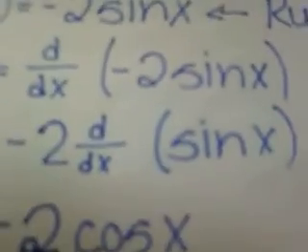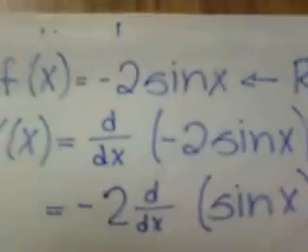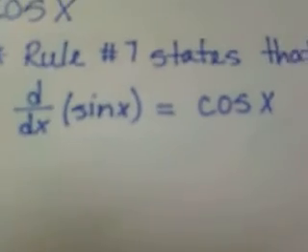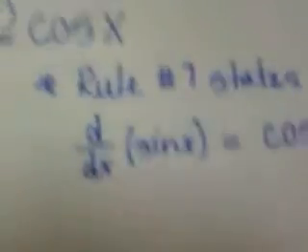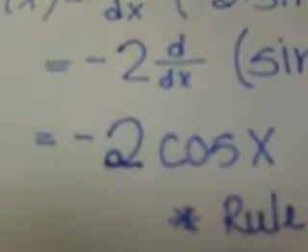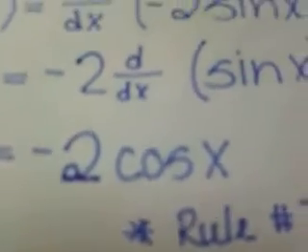Sine x stays the same. Now, rule number 7 clearly states that d over dx of sine x is the same as cos x. See? This is why this over here comes out being negative 2 cos x.